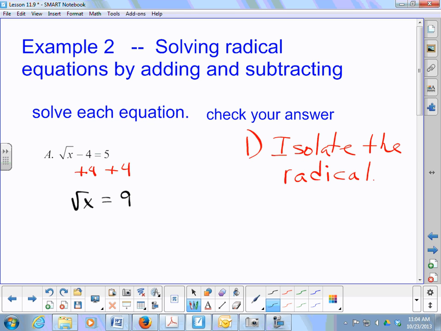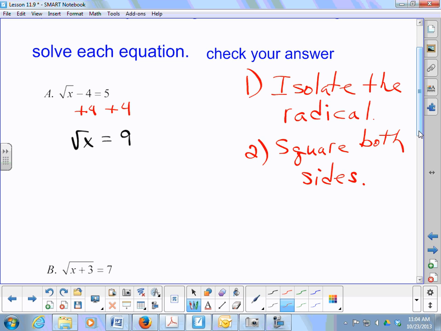Step 2. Once we isolate the radical, we're going to square both sides. So we square both sides, we get x equals 81.